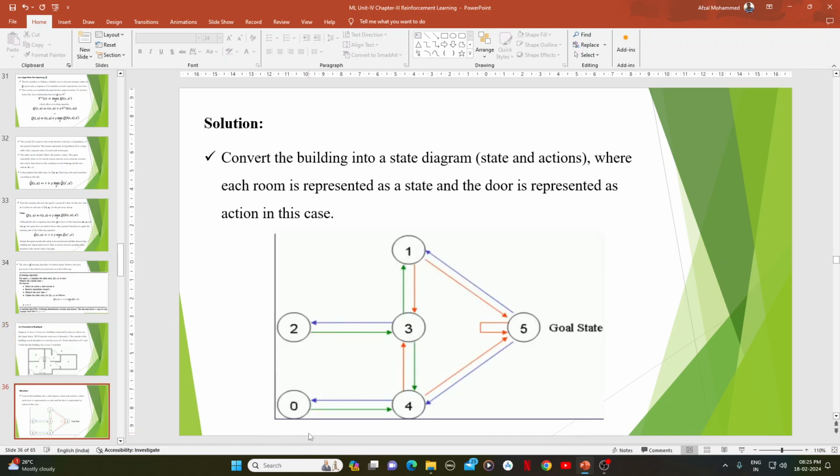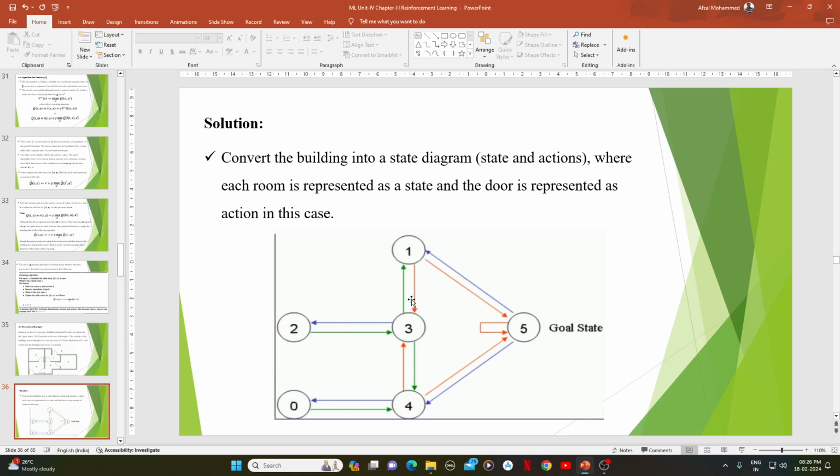Solution: convert the building into a state diagram. We need to convert the complete building into a state diagram of states and actions, where each room is represented as a state, this circle, and the door is represented as an action, this particular mark. Here we have a door between 1 and 5, and 1 and 3.